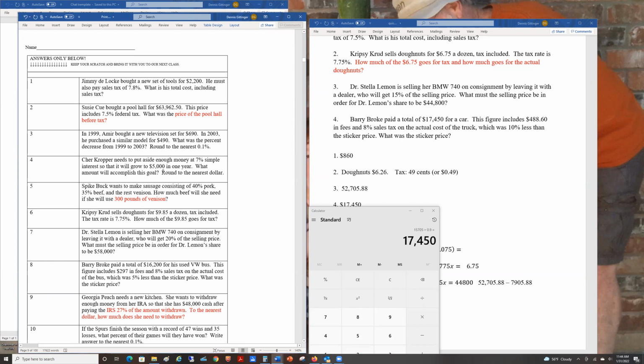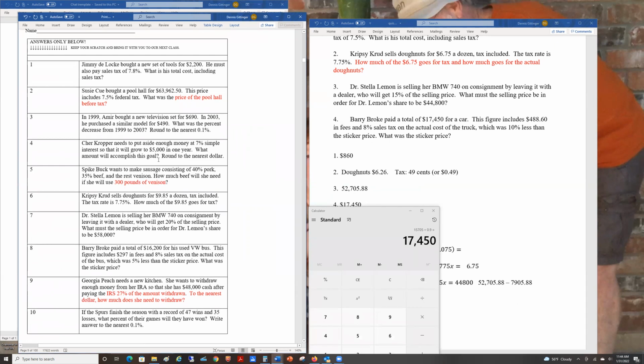It's kind of like number 4, you're adding interest to whatever you deposit. And sometimes you know the answer to that. In this case, number 6, for example, you're adding tax. That's the same sort of thing.